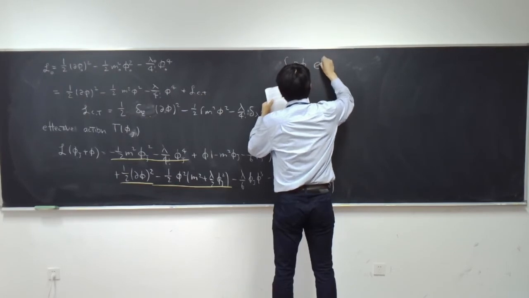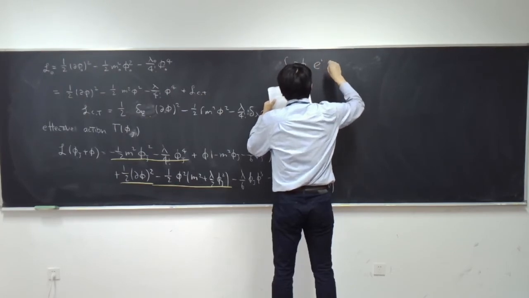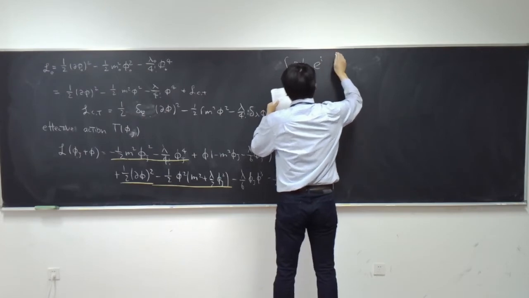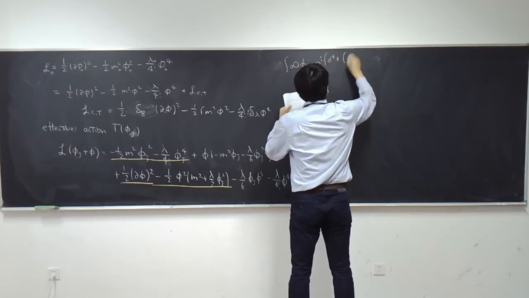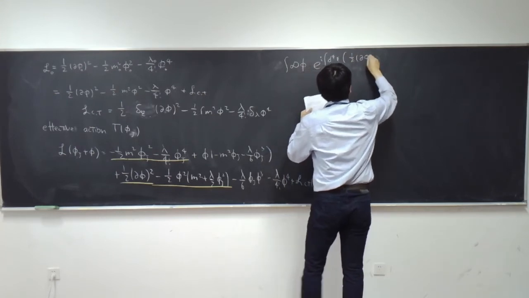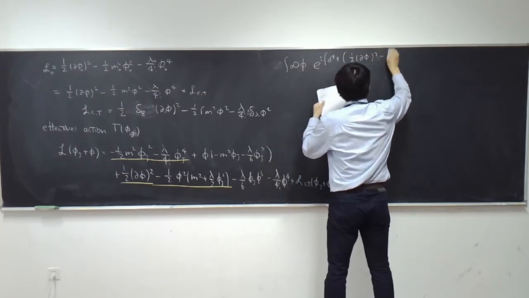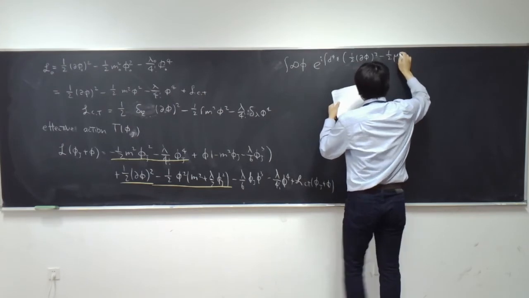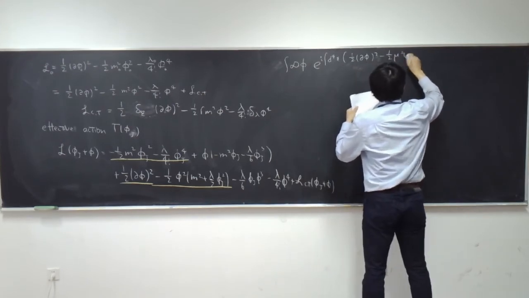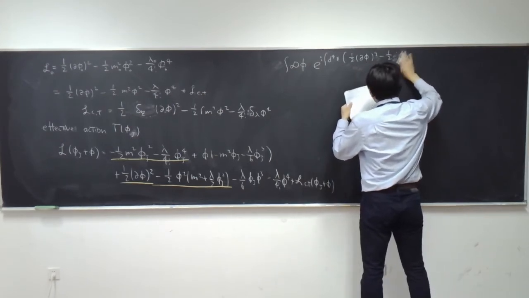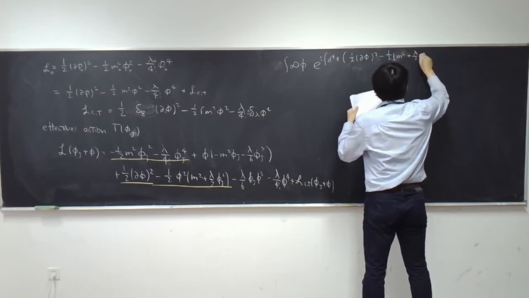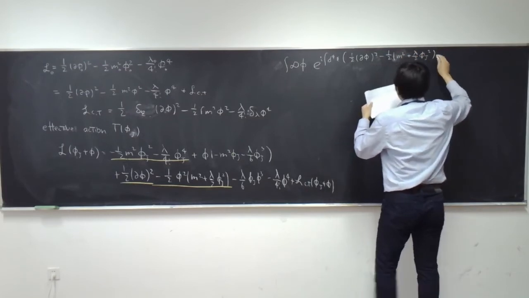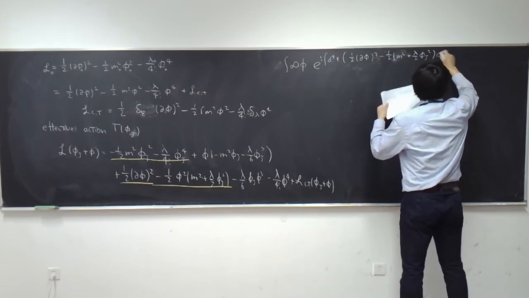e to the i integral d^4x, 1/2 (partial phi)^2 minus 1/2 mu^2 phi^2 plus lambda/2 phi_j^2 phi^2.